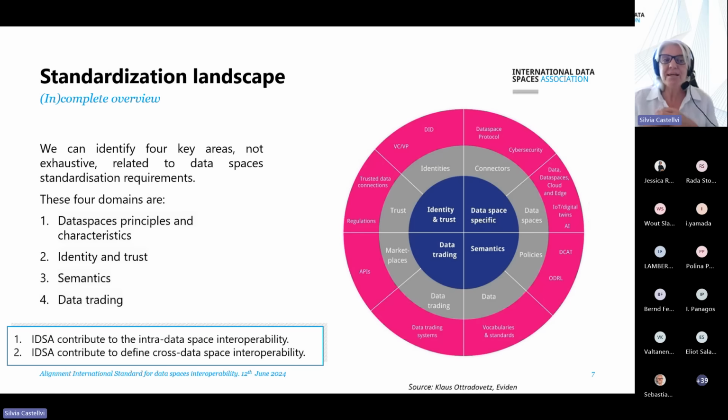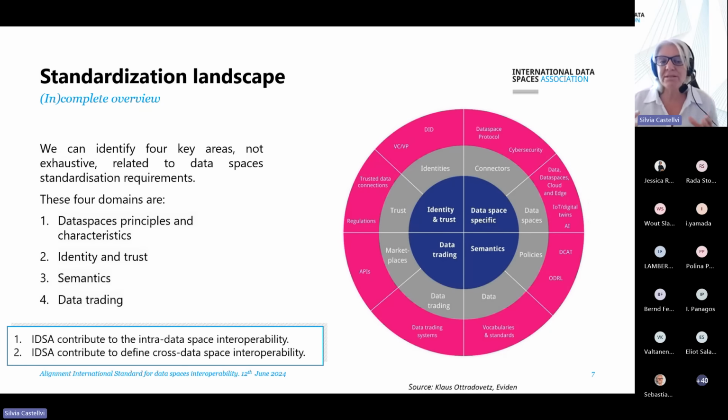But first, let me go a little bit deeper into the standardization landscape around data spaces. And this could be an incomplete overview or complete, okay? It depends how you look at it. But what you see here is four main fields where there are standardization activities, initiatives, working groups.